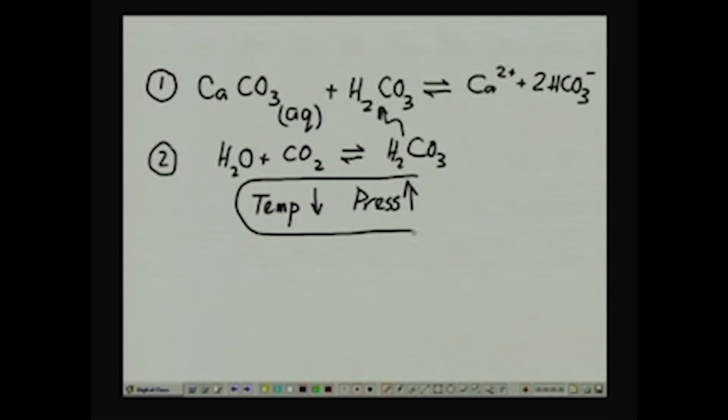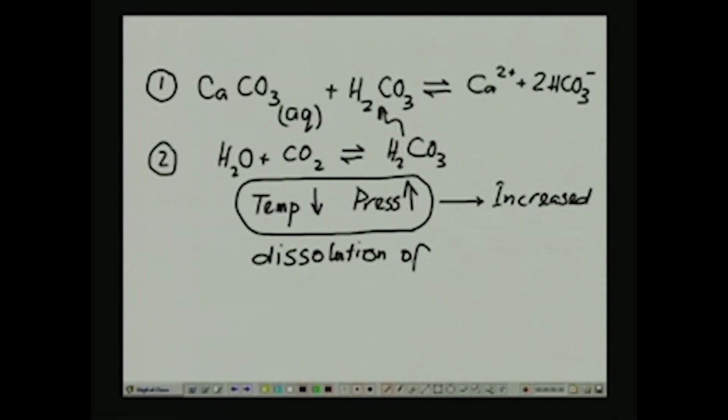So, these are the two factors that lead to increased dissolution of CO2 and thereby increased H2CO3 formation.